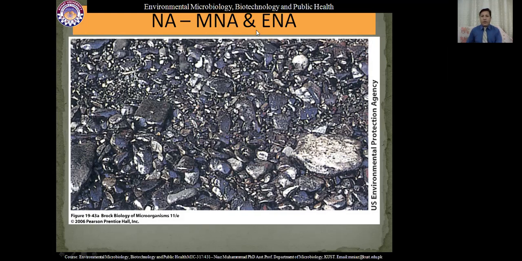But enhanced natural attenuation is used where the pollutant is very toxic and we are afraid it will go into the food chain and cause secondary consequences for health and environment, so we try to degrade the pollutant rapidly. Therefore, we enhance, excite, and increase the microbial load to decompose that pollutant.